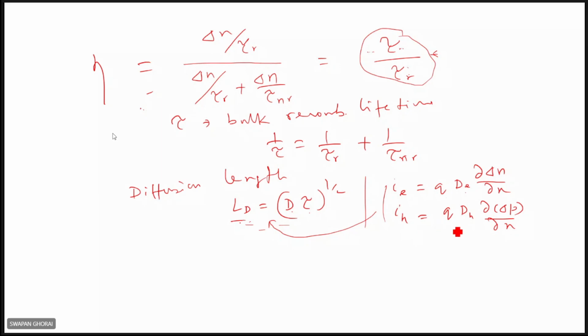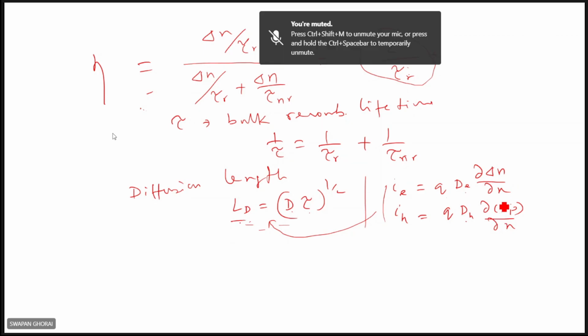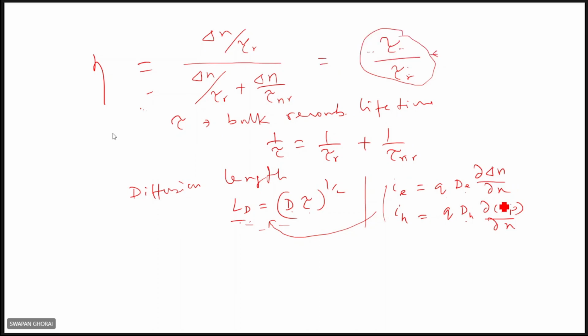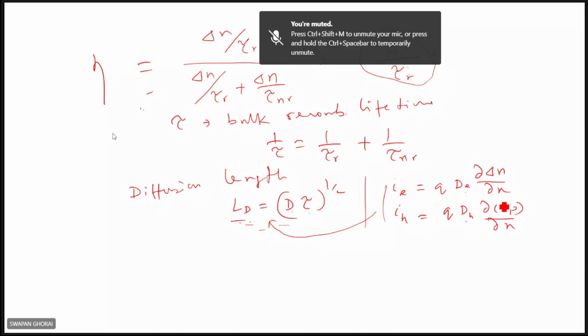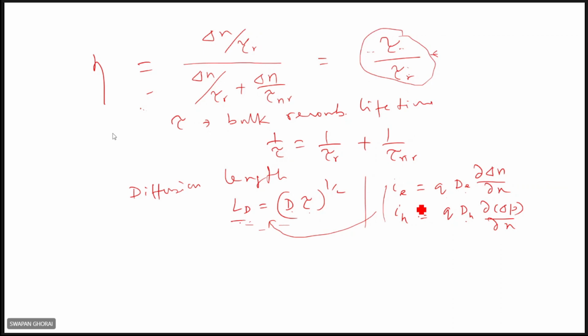Similarly, the current due to holes will be q D_p del p upon del x. So there is the current due to electrons and the current due to holes.